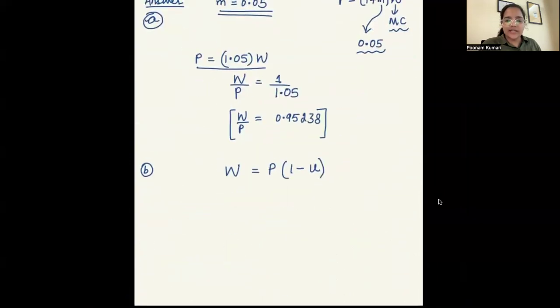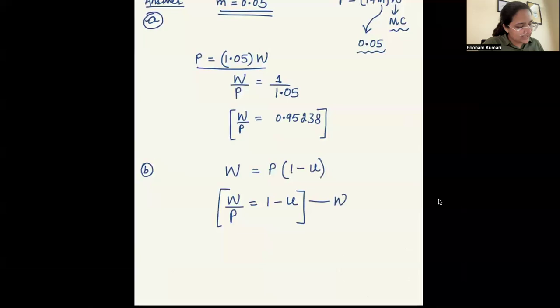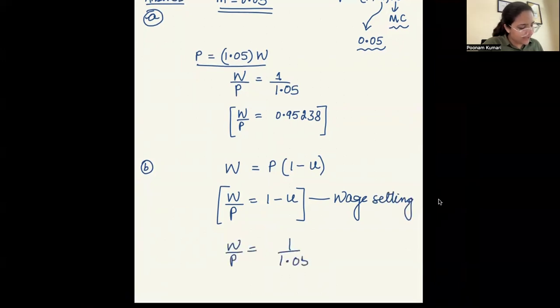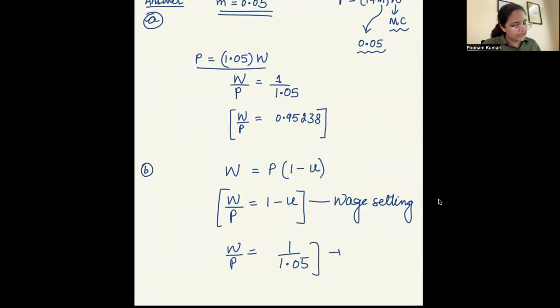So how do you find the natural rate of unemployment? We get W by P is equal to 1 minus U from here. This is wage setting. And from price setting, W by P is 1 upon 1.05. This is price setting.